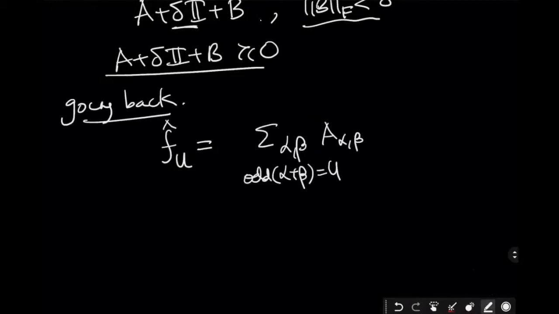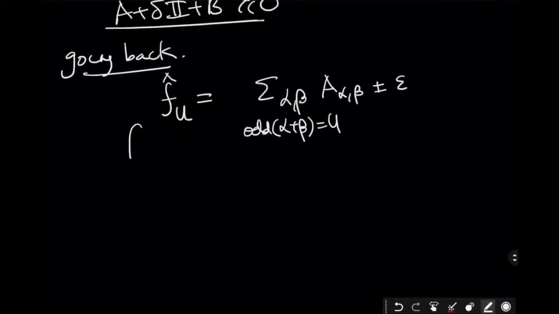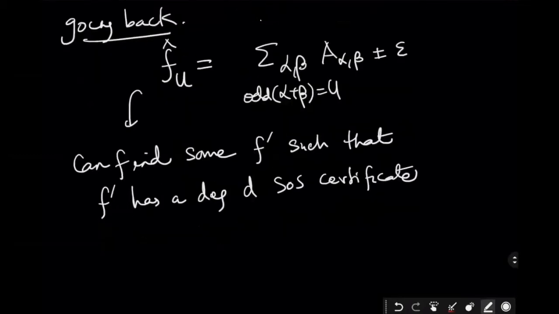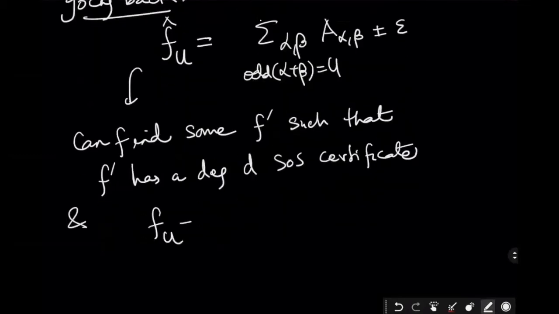And well, we can't satisfy this exactly, but we learned that we can somehow satisfy it up to some epsilon. So what this means is that we can find some F prime such that F prime has a degree d SOS certificate, and the coefficients of F minus F prime are at most epsilon, right?